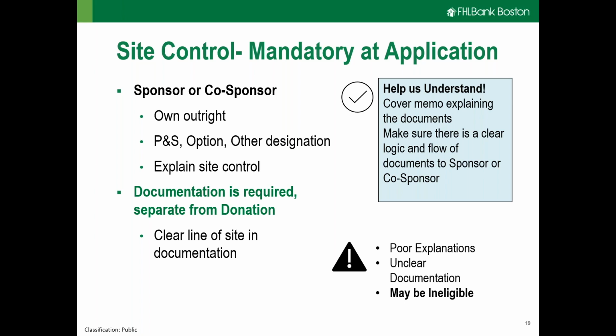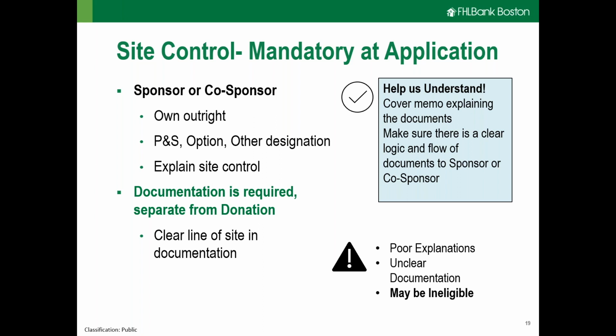You can own it outright. You can have a P&S, an option, or other designation. And above all, we really need you to explain this. Please do not give us 150 pages of documentation and expect us to sift through it to find a paragraph tucked in there somewhere. Give us a cover memo that explains the documents.